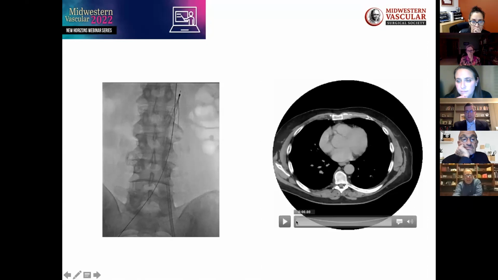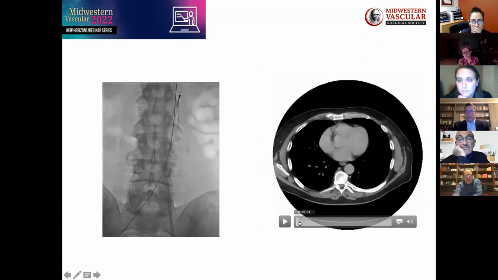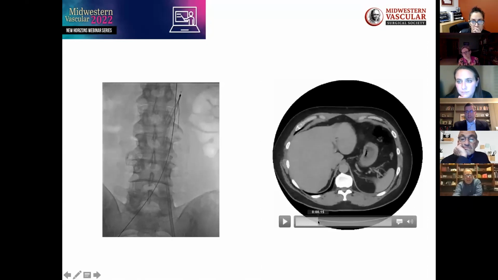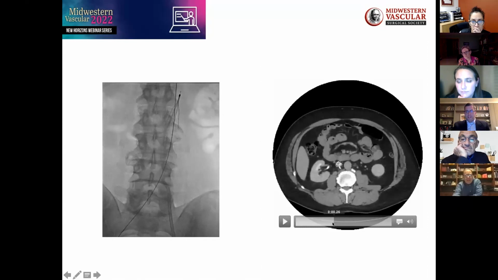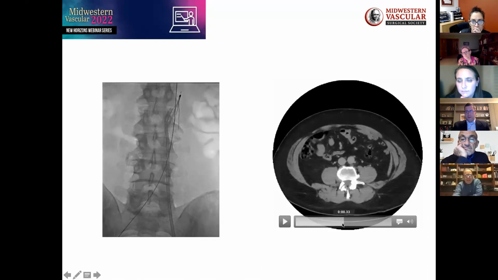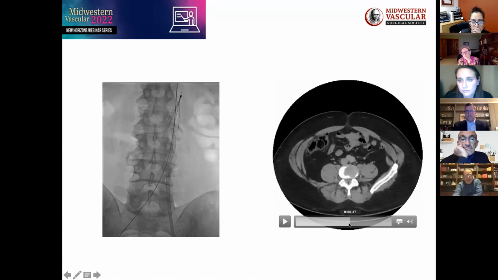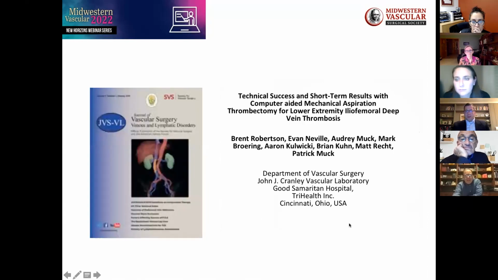And then at 1 month, here's a CAT scan that we obtained showing that the IVC is patent with no apparent residual thrombus. During the last discussion, we talked about what roles we have with these new and ever improving mechanical thrombectomy devices.